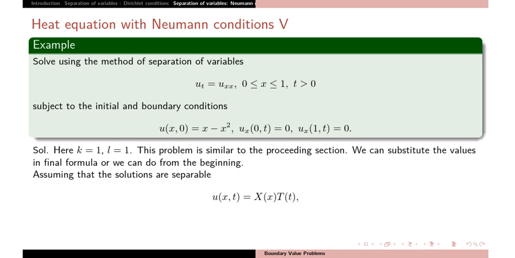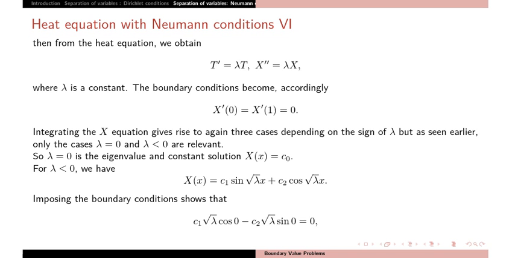So here is one example. You solve this problem with this initial condition and these boundary conditions. You can use the previous formula or you can start from scratch. Here I have solved this from the beginning. Just solve two ODEs, in x and t.